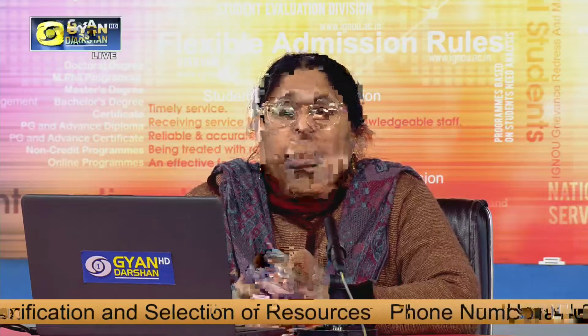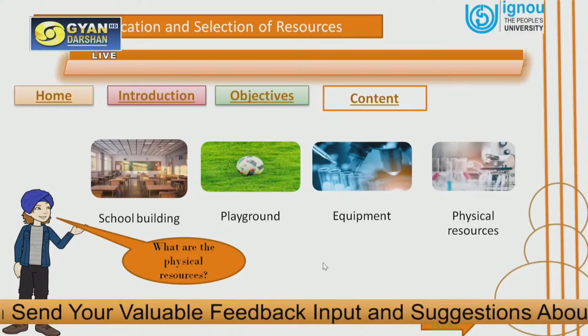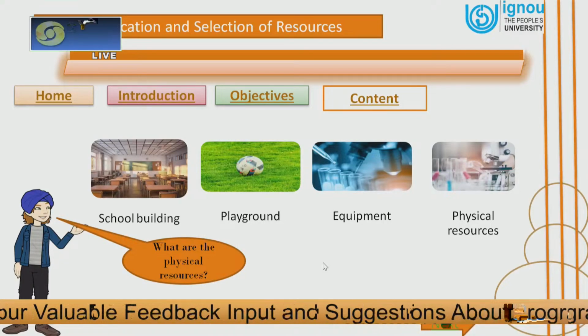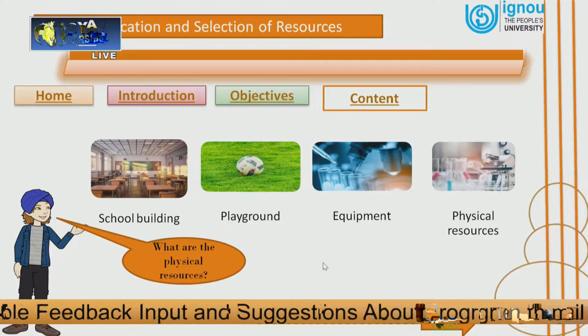Equipment and apparatus are important: is it available, or is the teacher just giving a verbal explanation about a test tube? What are the physical resources that are needed? We can see the physical resources in different ways, like the school building, playground, and equipment. All of these come under the physical resources.